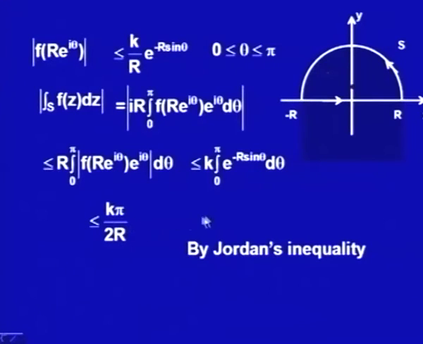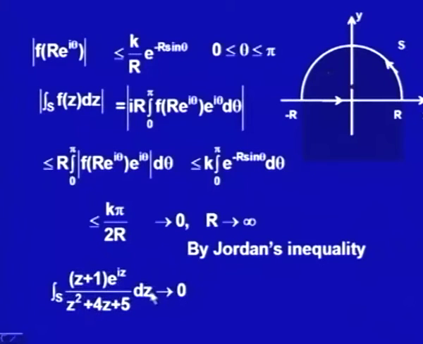So, as we are increasing r, this bound would be decreasing towards 0. If the bound is decreasing towards 0, it says that this integral must be 0 for large r, or we could say that the integral along this semicircle approaches 0 as r approaches infinity.